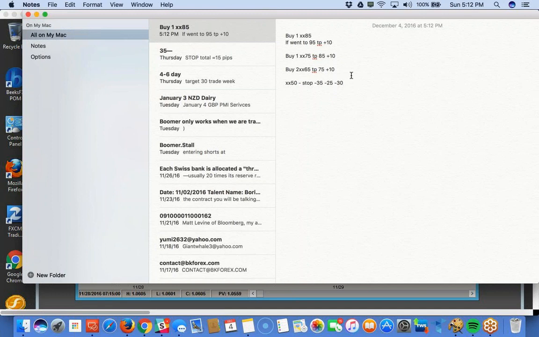Altogether, we lost, what is that, 90? 35 plus 25 plus 30 is minus 90, right? Okay. So the overall structure was max win 10, max loss 90, right?